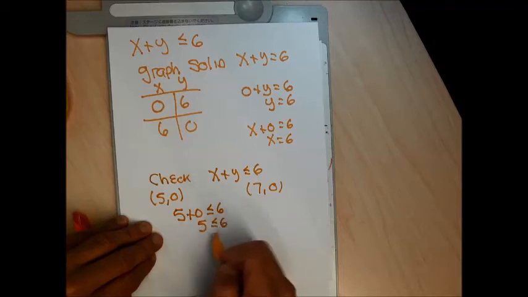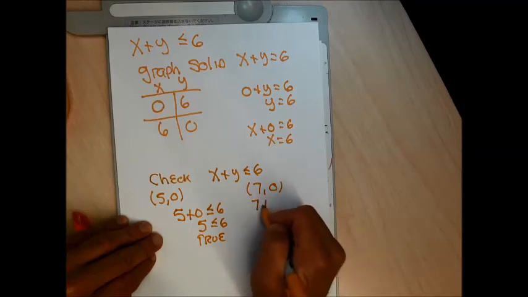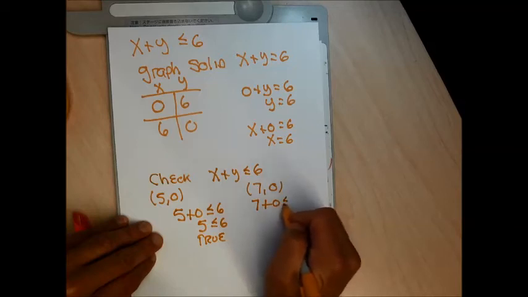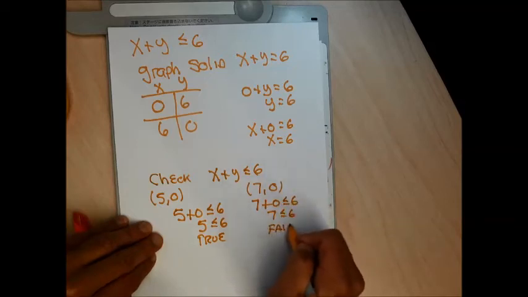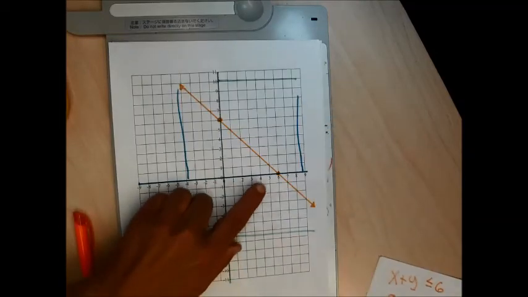That gives me 5 is smaller than 6, which is true. The next one, if I plug 7 for x and 0 for y, that gives me 7 is smaller than 6, which is false. So for this line, I want to shade towards (5, 0).